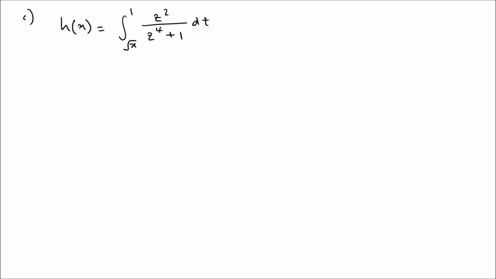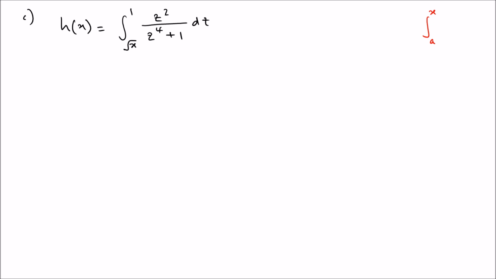Good. So if you look at this problem, there are two problems. One is it is not in the right format. We know that when you have the integral, it has to be from a to a function like that, but it is not. So that's one problem. The other problem is it is not x, it is square root x. So there are two problems here.